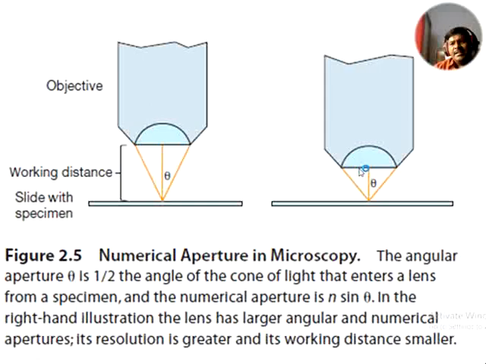The numerical aperture also is more as compared to the first figure. So the resolution obtained by the second figure is more, and the working distance between the specimen and objective is also less. Is it okay?